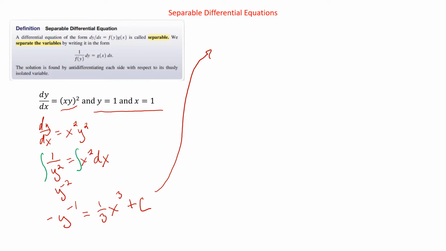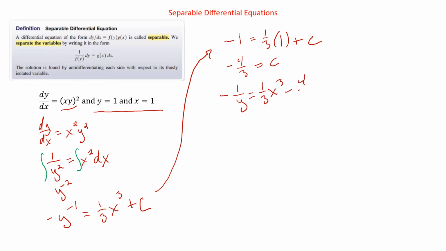We have negative 1 to the negative 1 equals 1/3 times 1 plus c. So that's 1/3. We can subtract 1/3 to get negative 4/3 equals c.